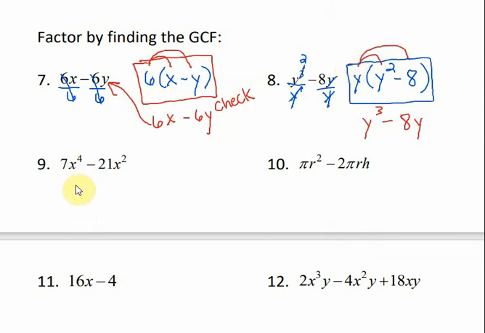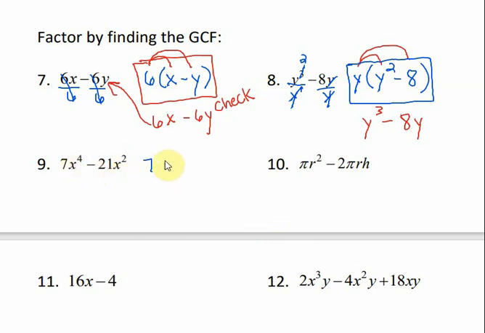Okay, in number 9, what is the greatest common factor? In the number part, 7 and 21, what do they have in common? Well, 7 is a prime number, which means that it can be divided by 1 or 7. Now, can 21 be divided by 7? Yes, so both of these can be divided by 7. So 7 is the greatest common factor between the numbers.